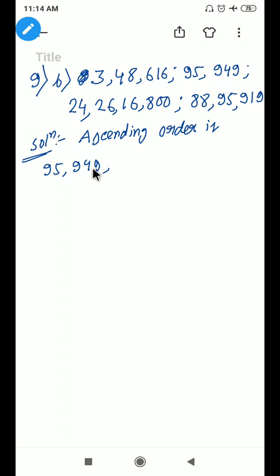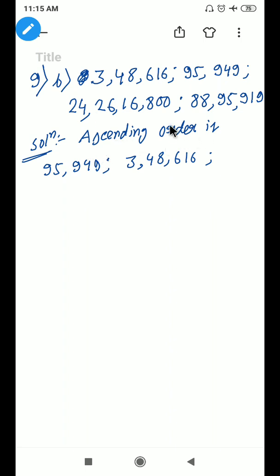This is the smallest number. Then the next smaller number: here is given 3,48,616 and here is given 88,95,919. Which one is smaller? This one is smaller. So write 3,48,616 in the second position.